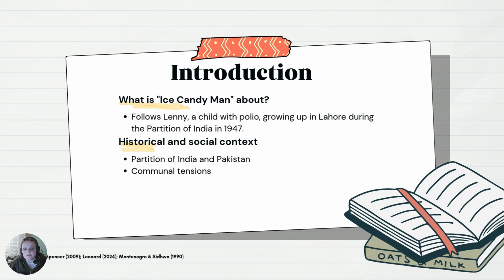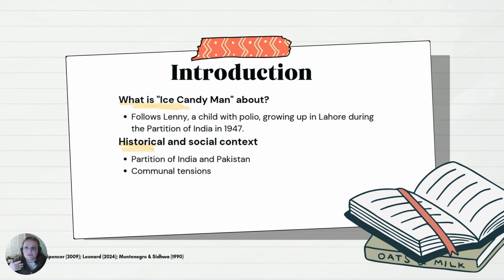But it particularly focuses on her ayah, who is a Hindu woman who becomes the object of affection for several men throughout the novel, including the Ice Candy Man. Throughout the novel, as communal tensions rise for the impending division of India, we see these personal dynamics are overshadowed by the escalating violence and upheaval. The story then delves into the impact of the partition on individuals and communities, highlighting themes of identity, loyalty, and the devastating effects of communal violence.